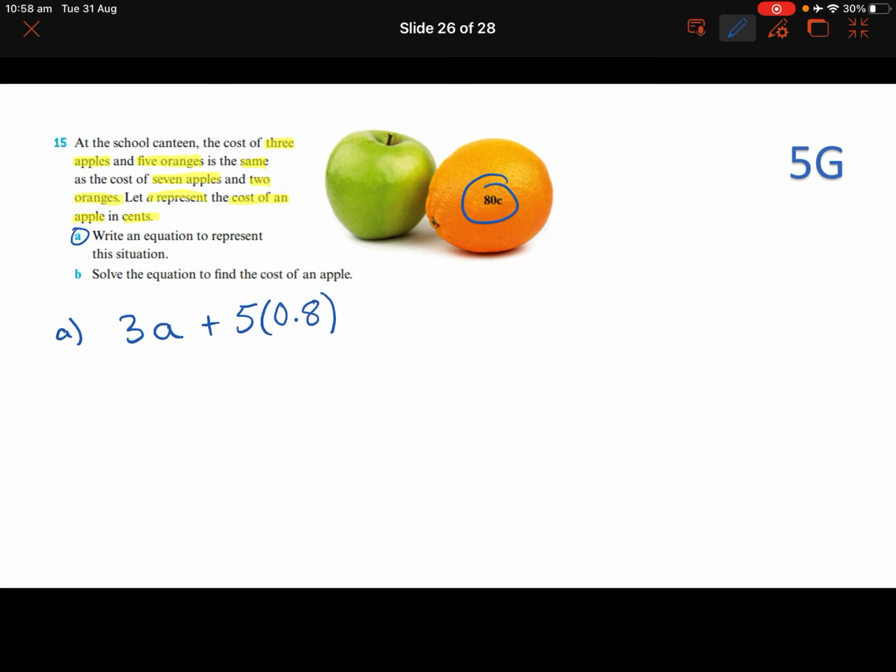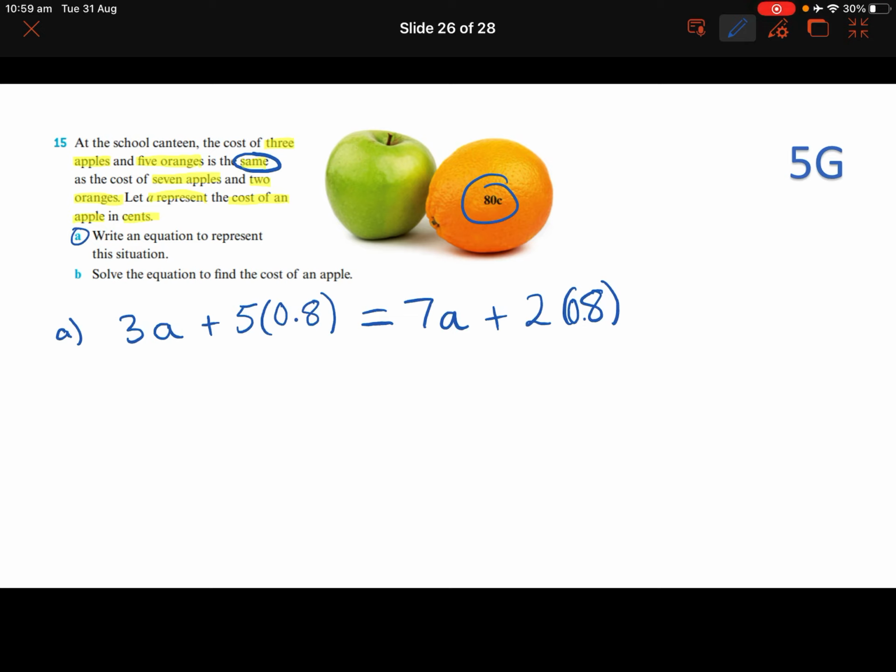So anyway, I've got that first bit, and I highlighted the same because that's where our equal sign comes from. Okay, if something's the same, it is equal to. And it is equal to the cost of 7 apples and 2 oranges, which again are 80 cents. Okay. So let's just simplify this a little bit.